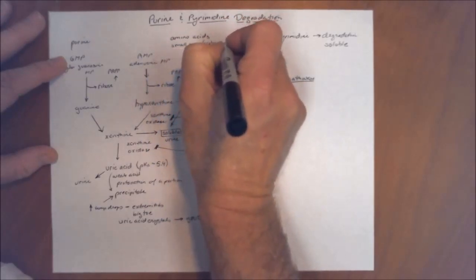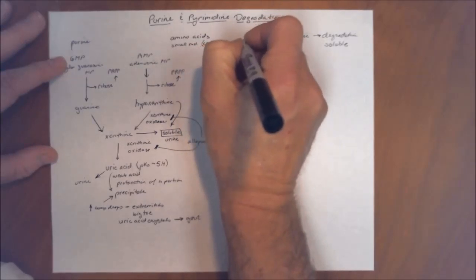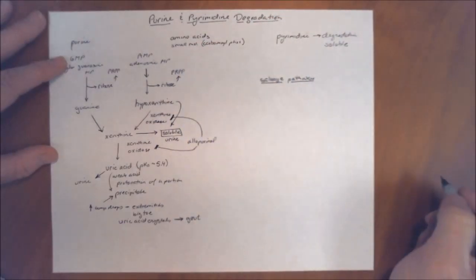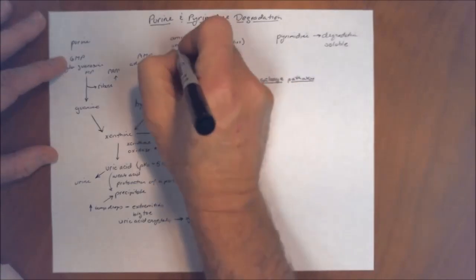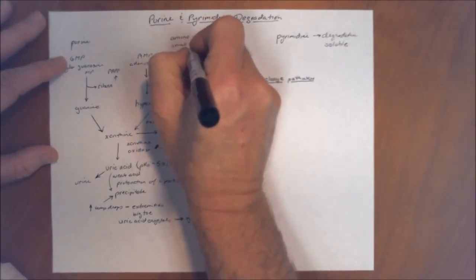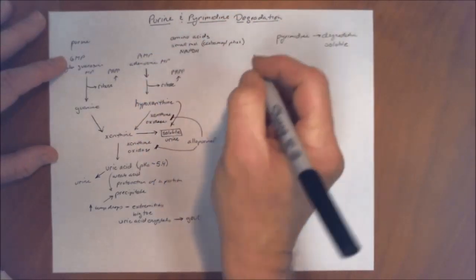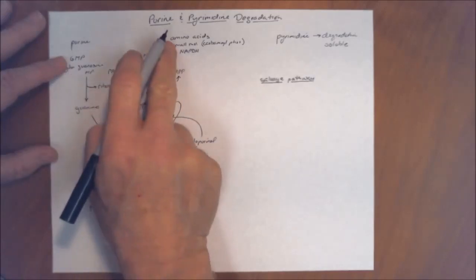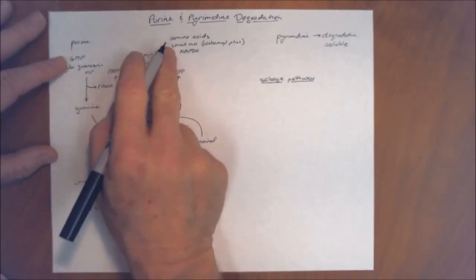carbamoyl phosphate in the cytoplasm. And then we also are going to require a lot of reducing power because we are constructing a large molecule from smaller molecules. And that will take an input of energy.